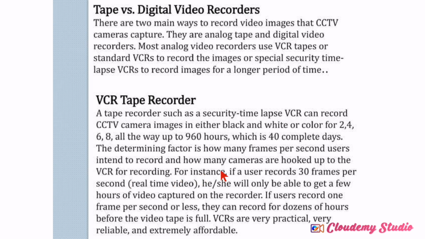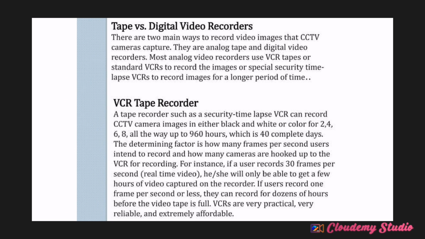For instance, if a user records 30 frames per second real-time video, he or she will only be able to get a few hours of video captured on the recorder. If users record 1 frame per second or less, they can record for dozens of hours before the video tape is full.